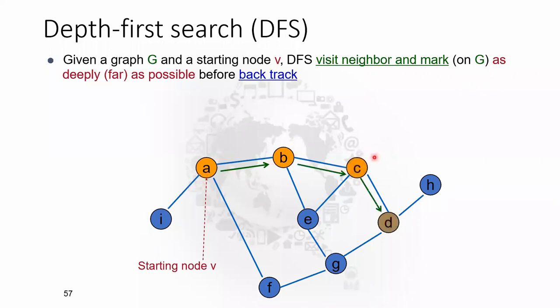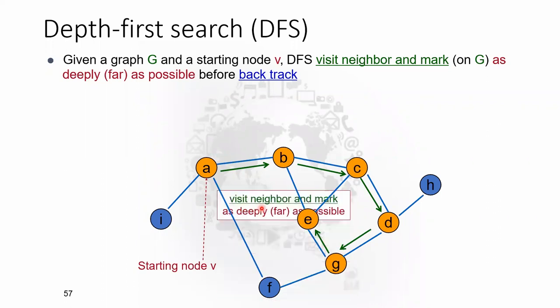Then I go to C, then D and G, and then I go to E. When I reach E, B and C have already been traveled before. So let's say I have recorded that B and C have been visited. I'm not going into B and C anymore, to avoid going into loops infinitely.